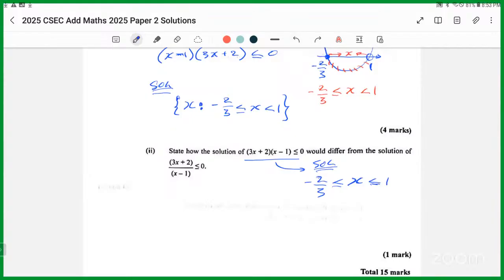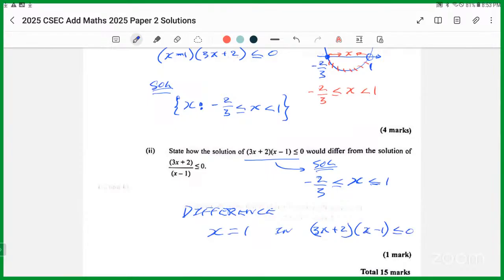All right. So I would say the difference is that x can be equal to 1. x can be equal to 1 in this one, in 3x plus 2 over x minus 1 less than or equal to 0.